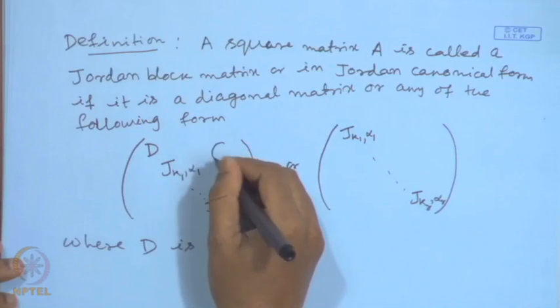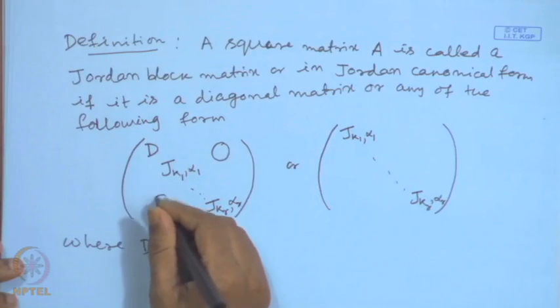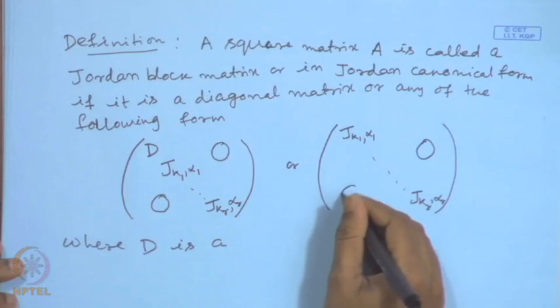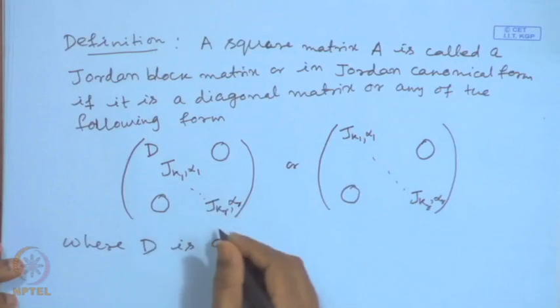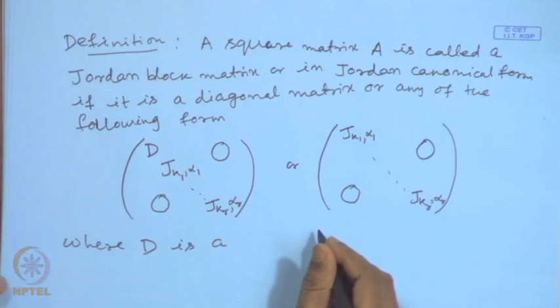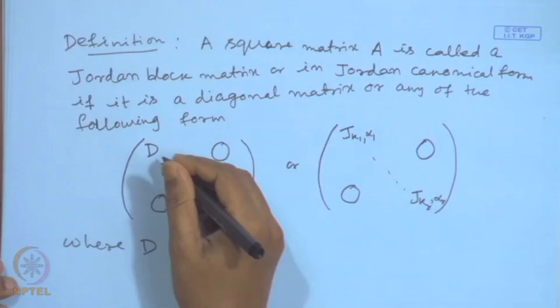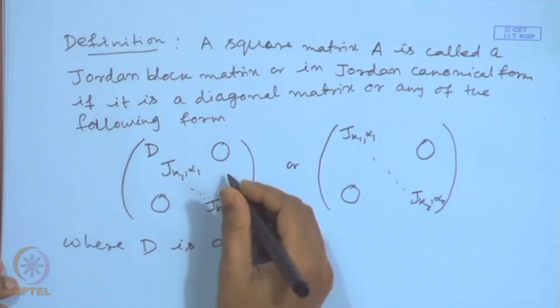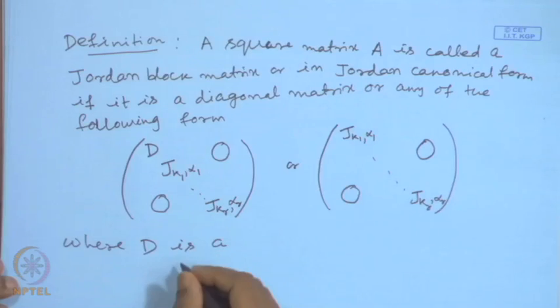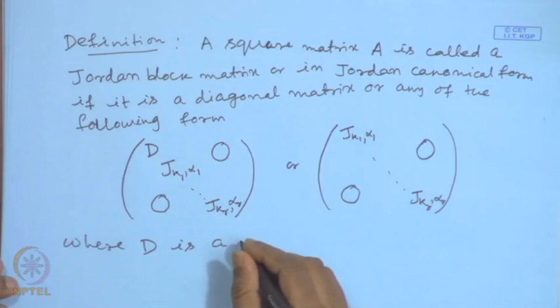Of course, the off diagonal blocks are all 0 blocks. Basically, these two are block matrices, where the diagonal blocks are like this and off diagonal blocks are 0, and here D is a diagonal matrix.